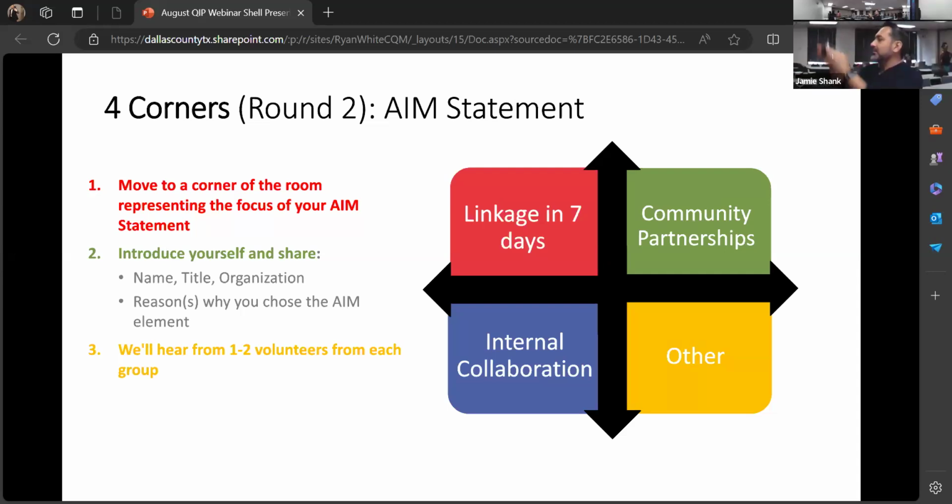If I can't offer them something, I need to find a partner. If I can't provide legal service, I need to find a partner. We've got to focus on the person as a whole person.